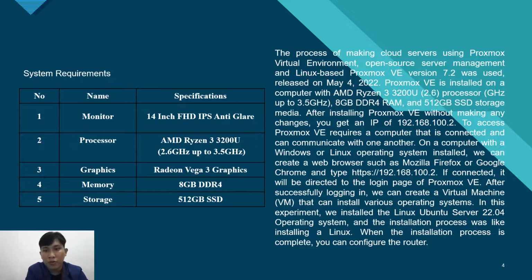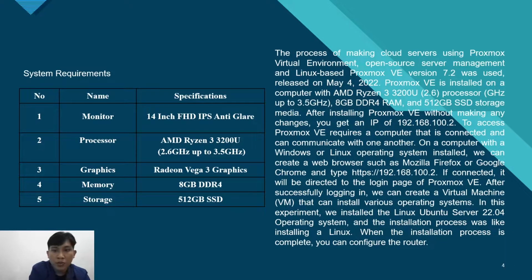Proxmox virtual environment version 7.2 was used, released on May 4, 2022. Proxmox VE is installed on a computer with an AMD Ryzen 3 processor, 8 GB DDR4 RAM, and 520 GB SSD storage media.